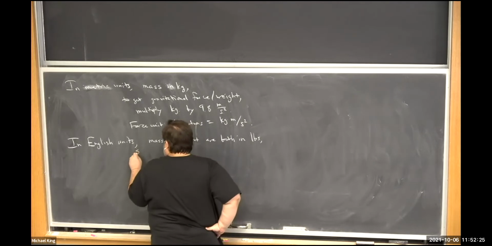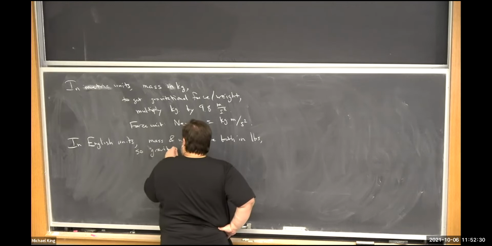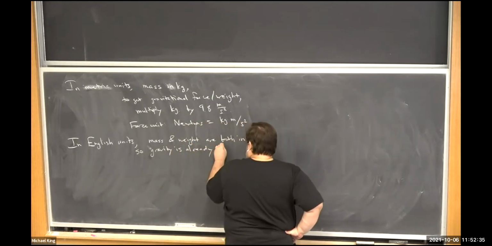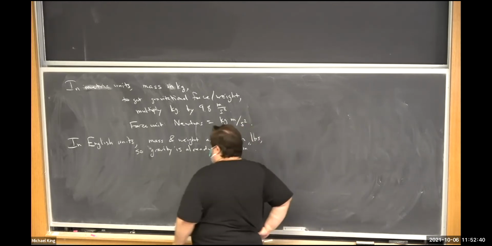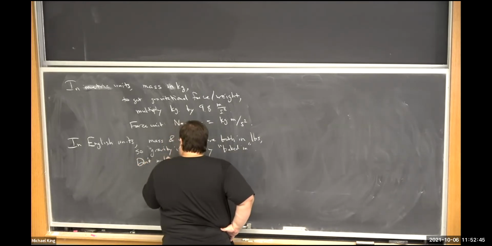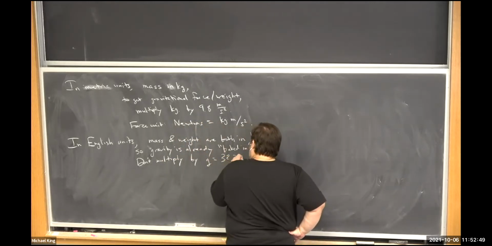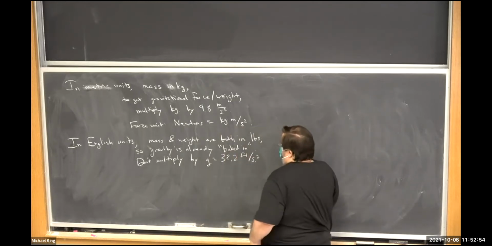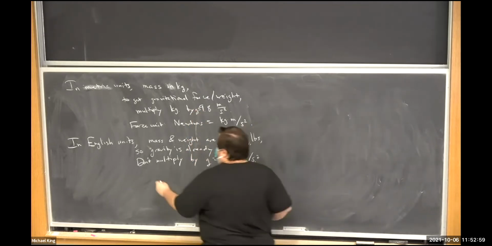So the gravity is already baked in, meaning you don't need to multiply by G. I think it's 32.2 feet per second squared in these units, right? Here, this is G. Okay, so don't.